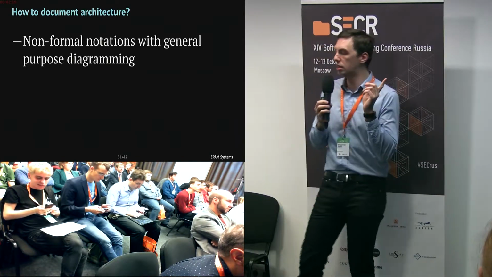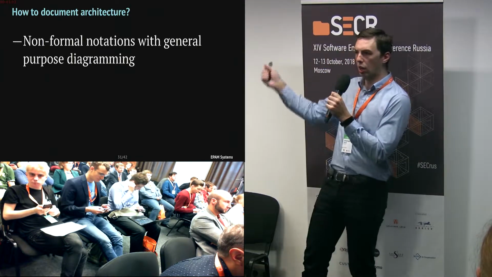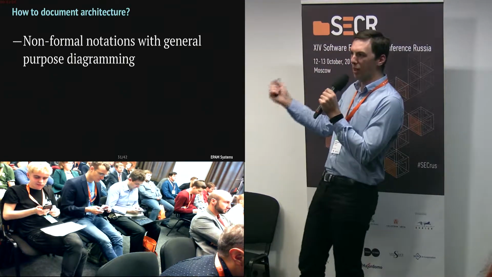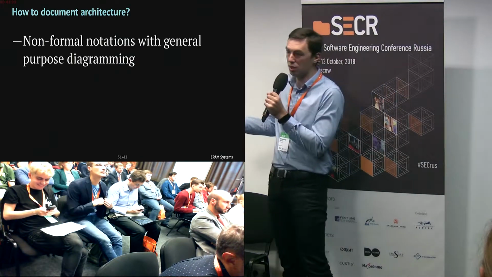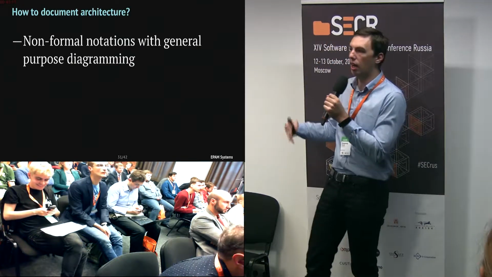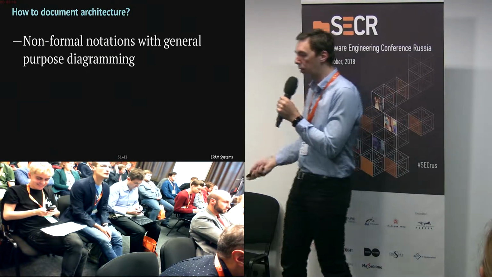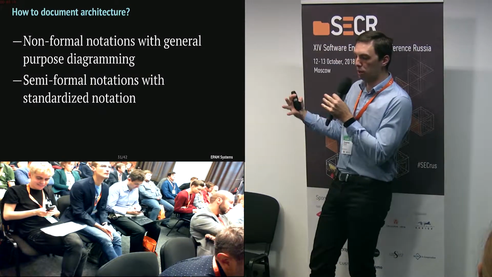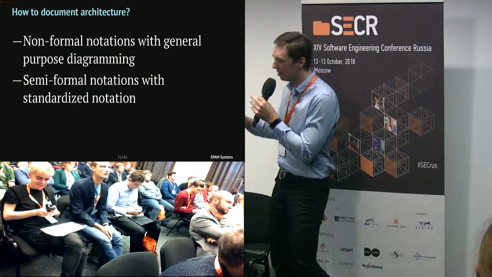So first ones are non-formal notations with general purpose diagramming. So you can just take Word or Paint or whatever other tool and draw some rectangles, and this will be non-formal notation. And they require a legend, right? So to bring value. The next one are semi-formal notations, and they have standardized notation.